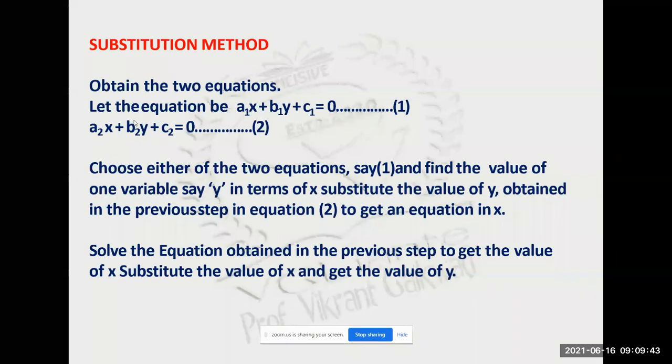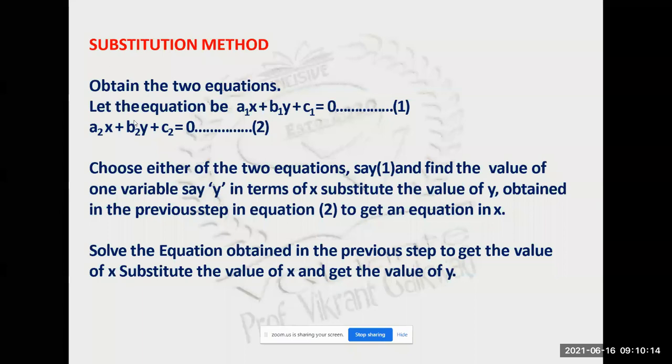Substitution method. In the substitution method, you will obtain the two equations a1 x plus b1 y plus c1 equals 0 and a2 x plus b2 y plus c2 equals 0. Now, from either one of them, you express one variable in terms of the other, say y in terms of x. Substitute the value of y obtained in the previous step in equation 2 and get the equation in x.